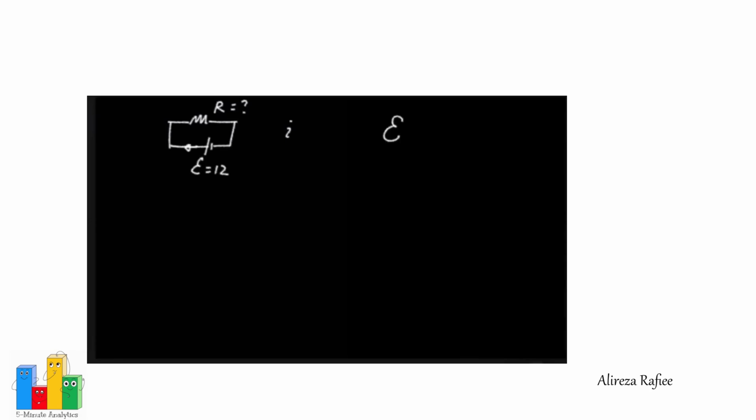So the electromotive force of the battery minus the current times the resistance of the wire would be equal to 0. That's our Kirchhoff loop law. So from here, I can calculate what is the current. It would be electromotive force of the battery divided by the resistance. The electromotive force of the battery is given to be 12 volt. If I know what is the resistance of the wire, then I can calculate the current.